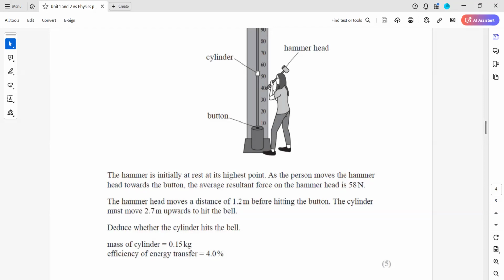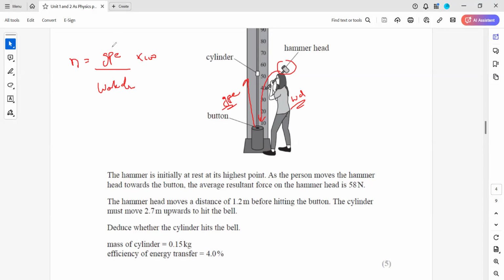So first, there is work done on the hammer by the person, and that work done is converted into GP, gravitational potential energy. If we use the formula for efficiency, the useful output will be gravitational potential energy, and the input energy is the work done to move the hammer, applying force and moving it a distance of 1.2.